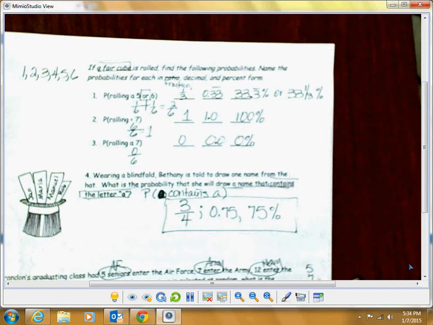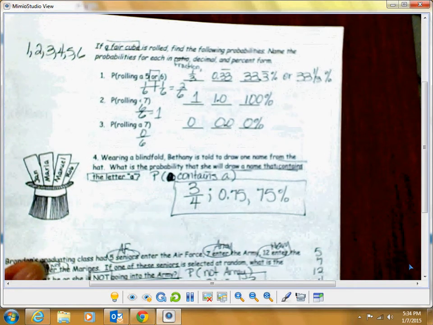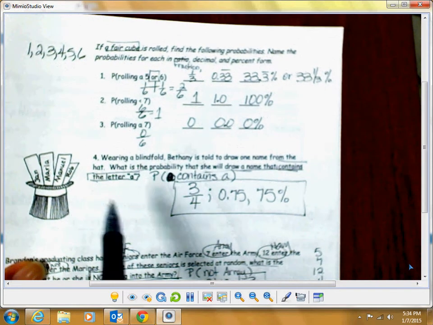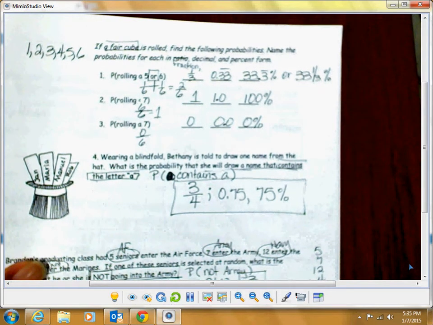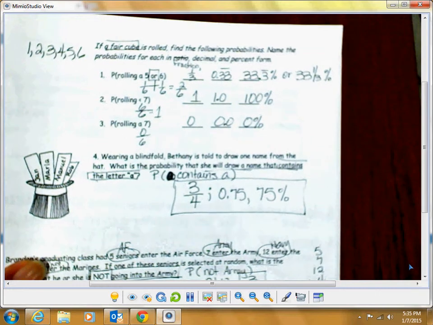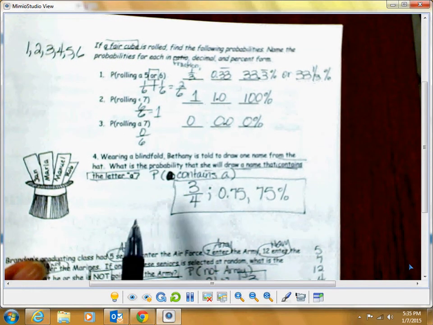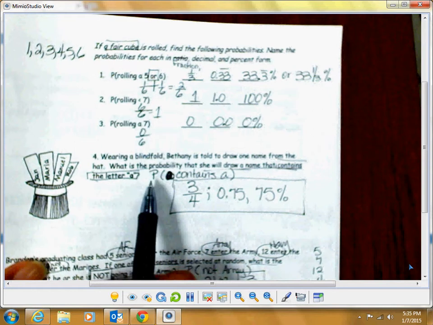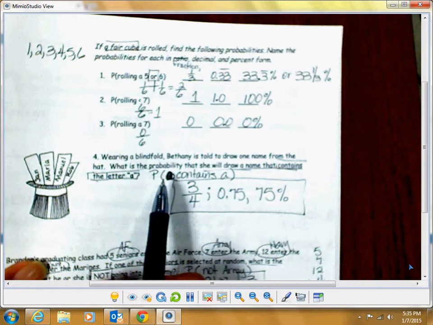Okay. Then number 4, we had the hat with the 4 names in it. And it says, wearing a blindfold, Bethany is told to draw one name from the hat. What is the probability that she will draw a name that contains a letter A? The letter A. So remember I told you, you must write the P and put in parentheses what it's asking for the probability of. If you do not do it, you will be counted off.